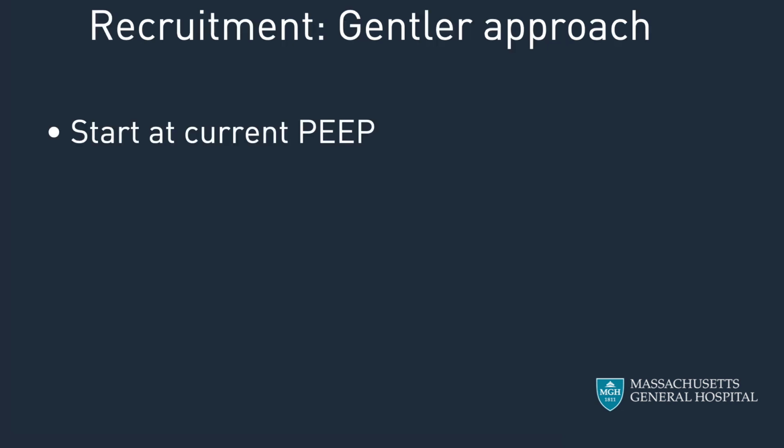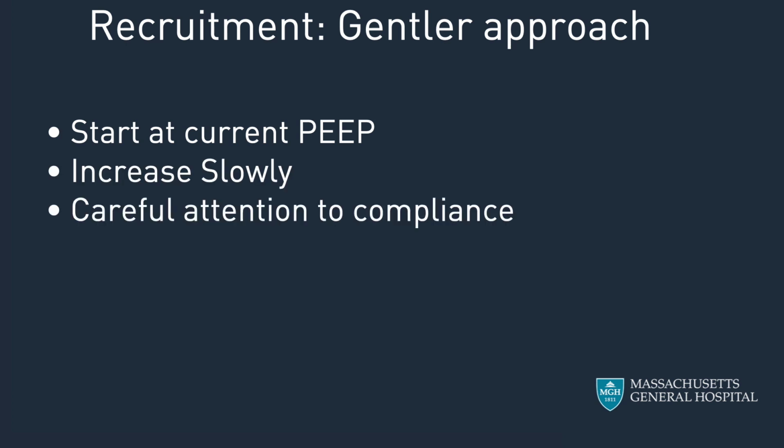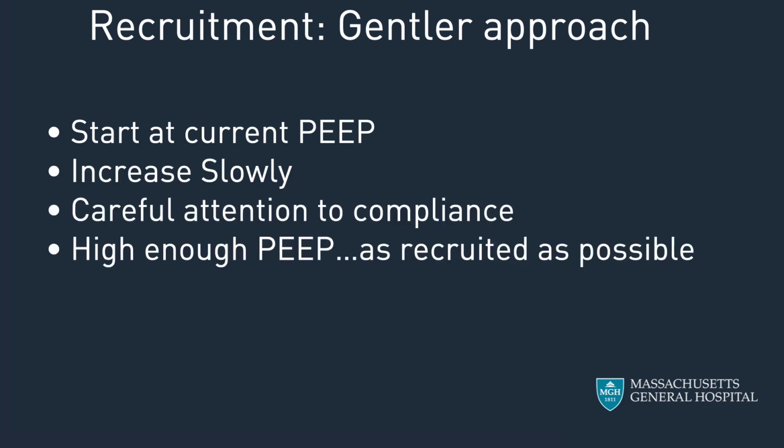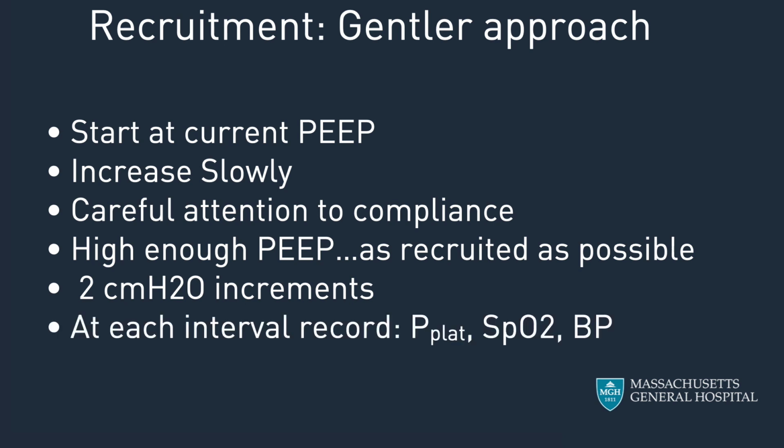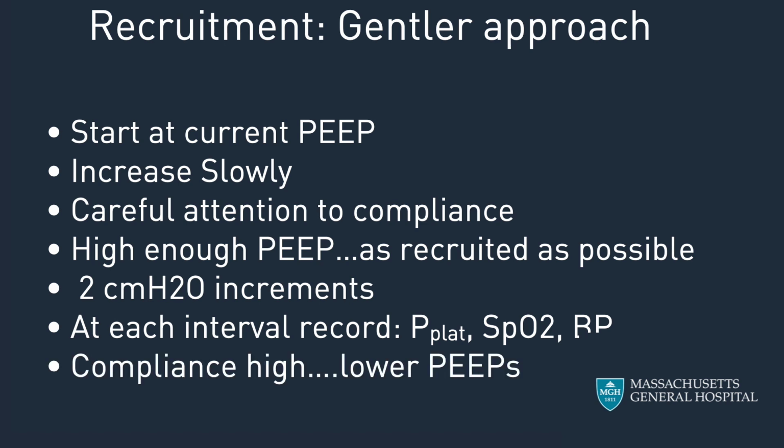A gentler approach is to start at current PEEP, increase slowly with careful attention to compliance until a high enough PEEP is reached that the lung is as recruited as it is likely to get. Then bring the PEEP down by 2 centimeter of water increments, recording PEEP plat at each interval while monitoring SpO2 and blood pressure. The compliance may stay high at lower PEEPs if recruitment has occurred.